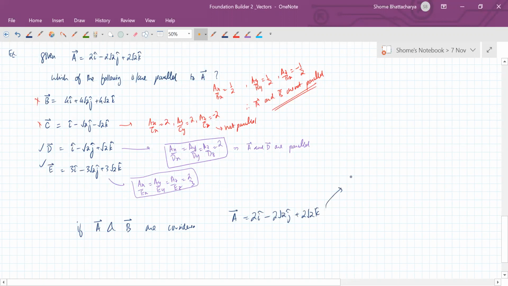So you can see its direction cosines are, so magnitude of A here you can see is root 20.